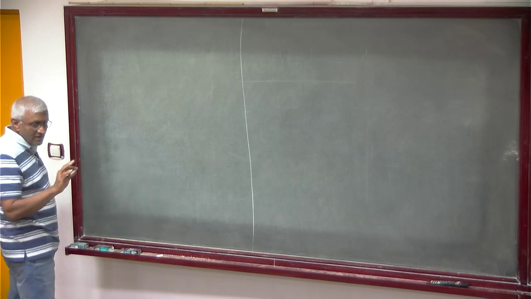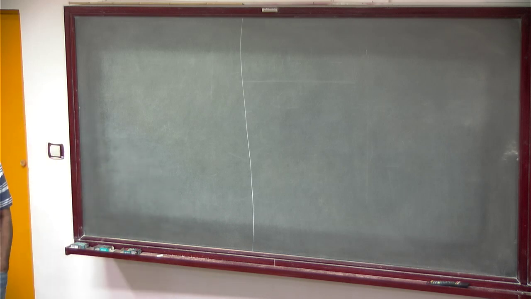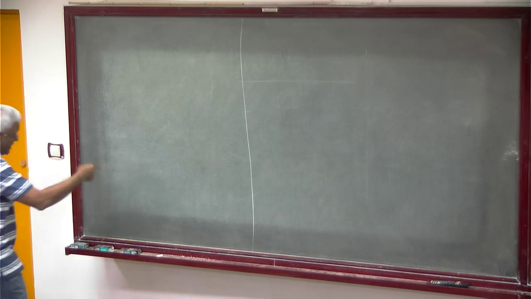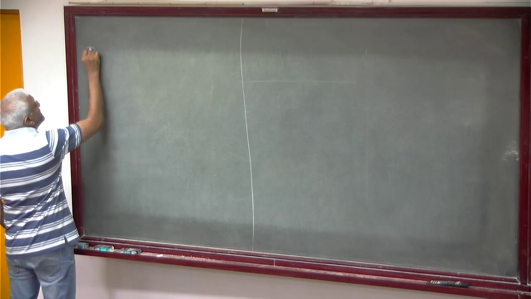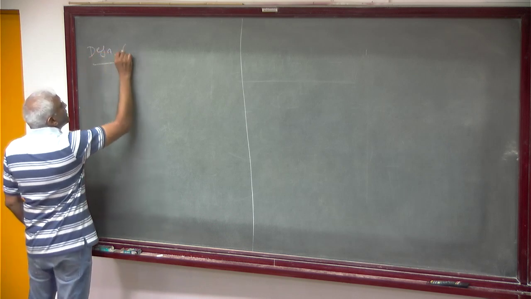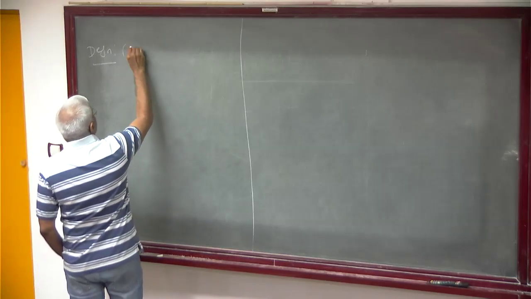So we define a probability space as the following. I made a mistake and forgot something last time; I will come to that. This is the definition. We consider only finite or discrete probability space, which includes finite.